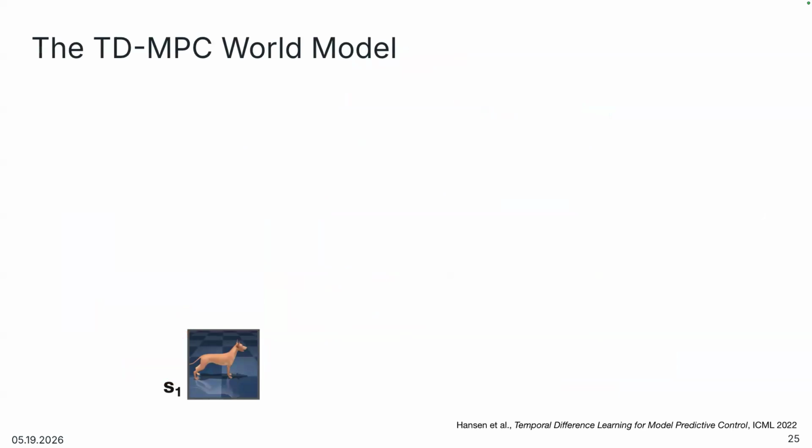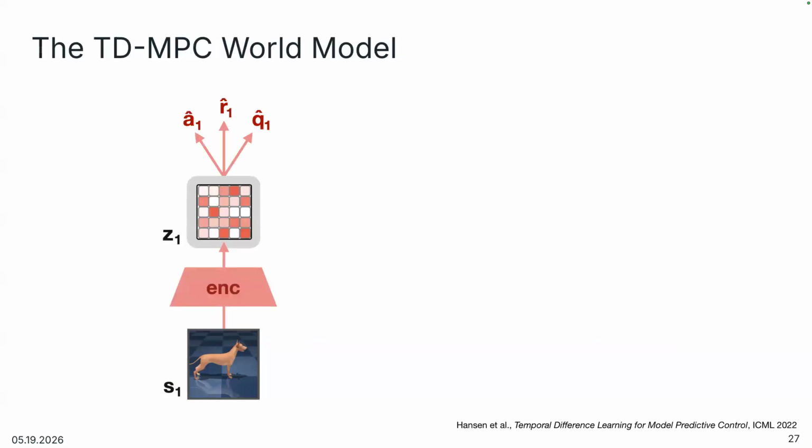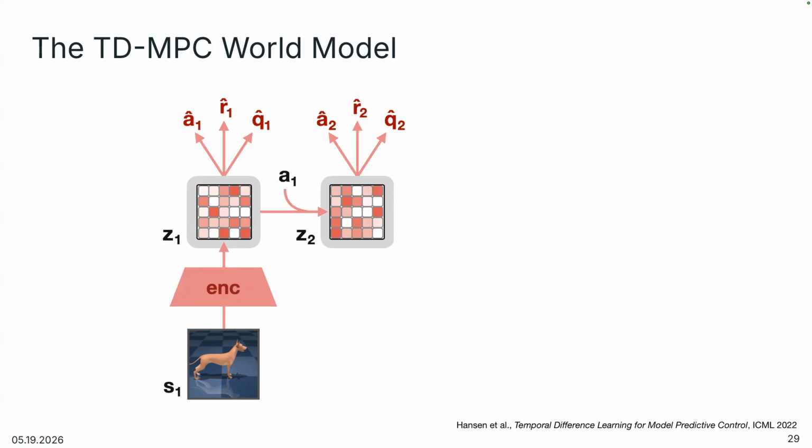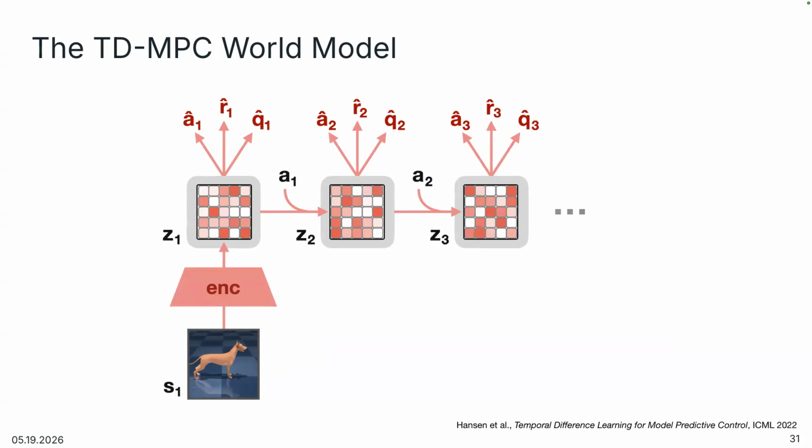So the way that we're training this TD-MPC world model is that for a state S1 here, the first state in the sequence, we encode that into the latent representation. We predict some different quantities like the action to take in that state, the reward in that state, and then the Q value. And then conditioned on the actions in the data, we can recurrently roll out our model and make these predictions. So as I mentioned, this is not a generative world model, so we don't actually decode the images.